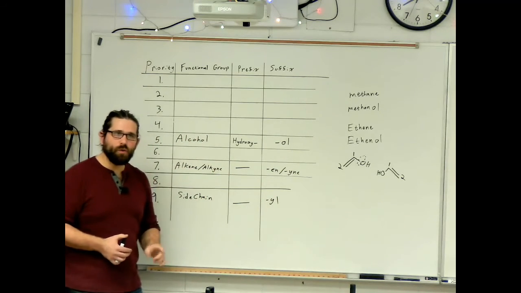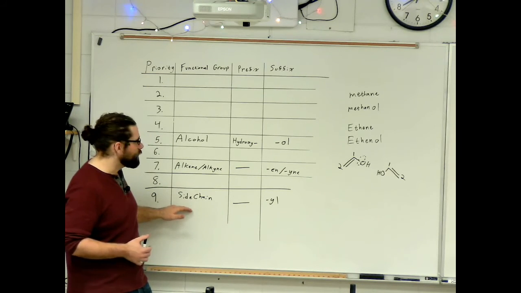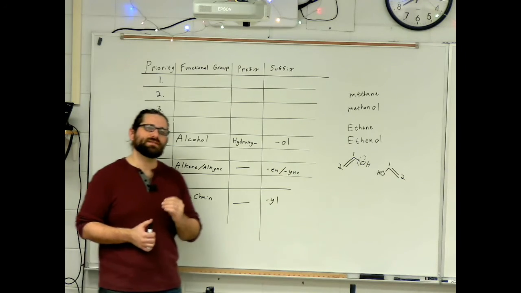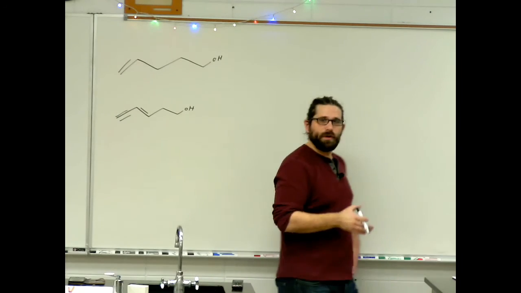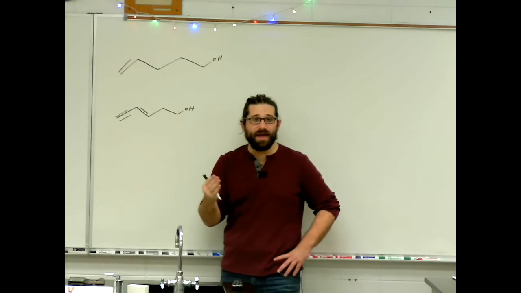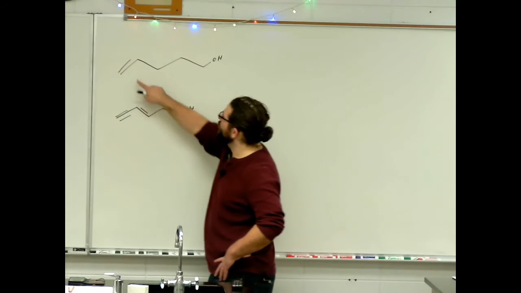For now, we've seen some examples of alcohols competing with side chains. Let's take a look at some examples of alcohols competing with alkenes and alkynes. Here I have 2 examples of having both an alcohol functional group and an alkene/alkyne. The first one has an alkene.